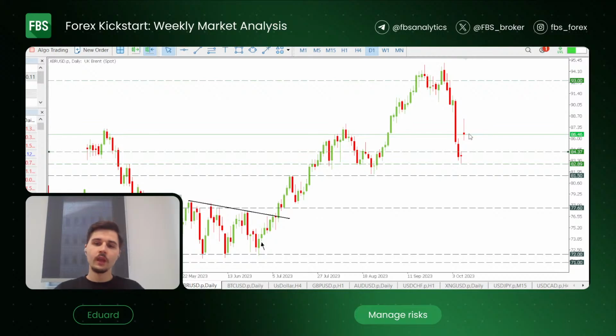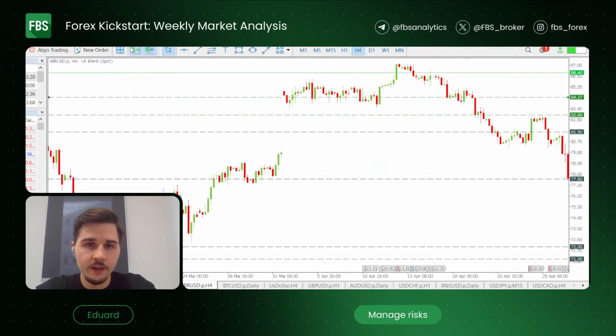So it really depends on the fundamental factors. If the supply continues to decrease, if the US will have nothing to do with oil, the price may continue rising. Yeah, the price may continue rising, but technically it looks like the price will fall.